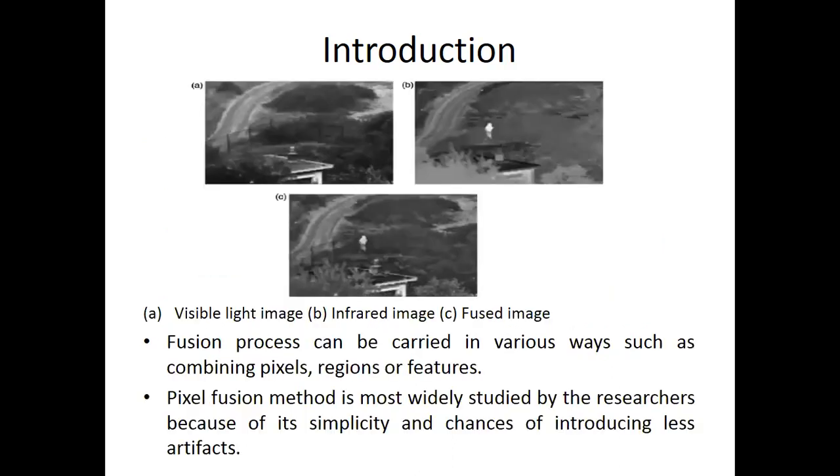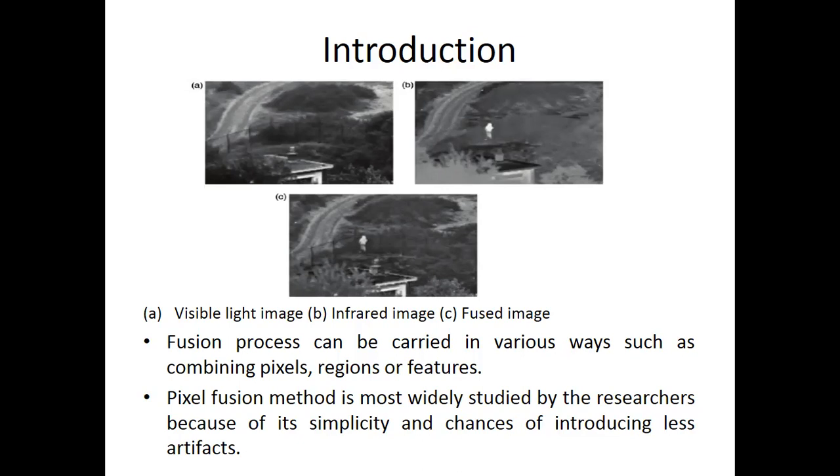So this picture represents a visible image and an infrared image. Image A represents the visible image and image B represents the infrared image.